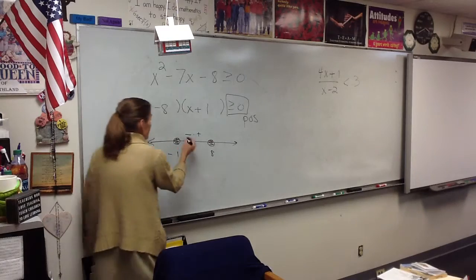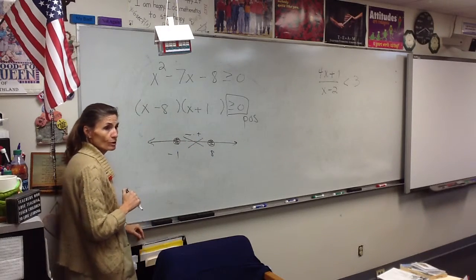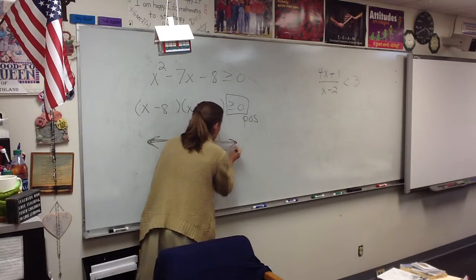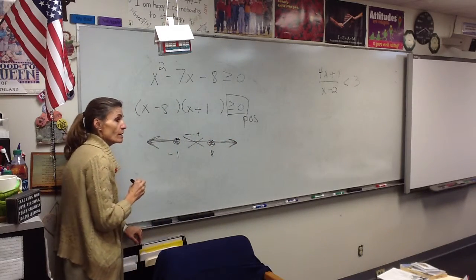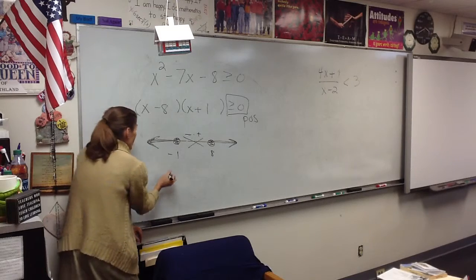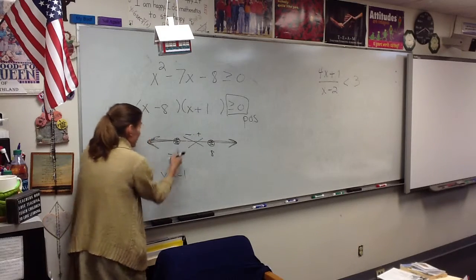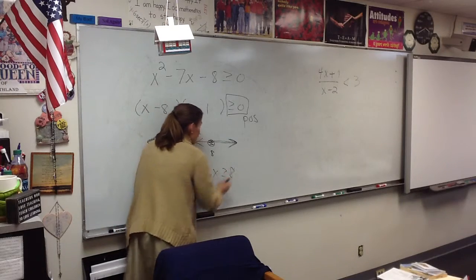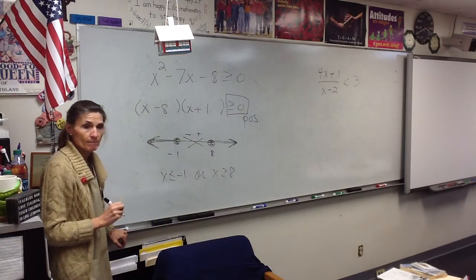No. So if this section doesn't work, then this one and this one do. So in the answer blank, I write x is less than or equal to -1, or x is greater than or equal to 8.